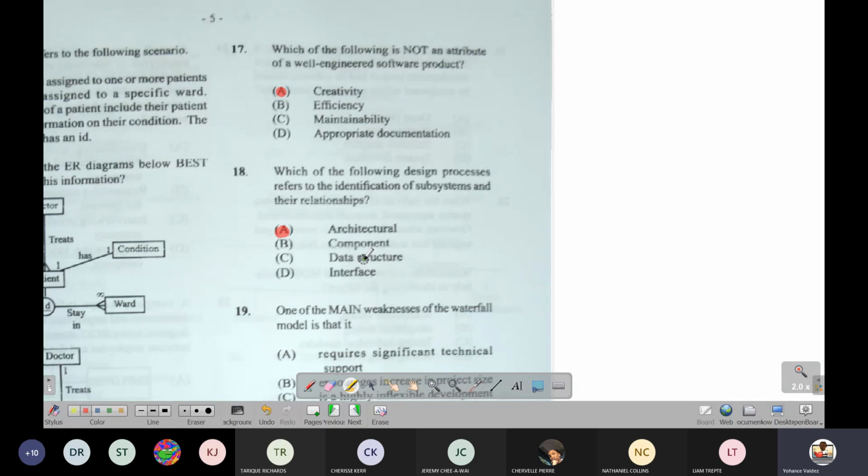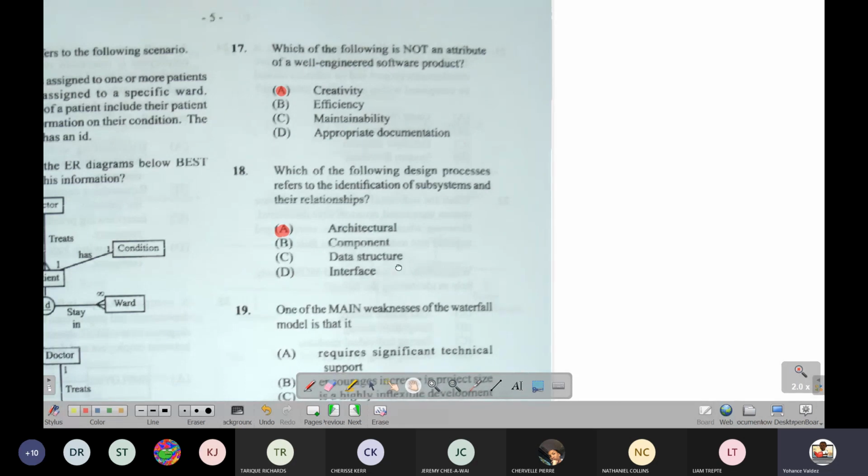So it's like discrete units where you design them. But when you start putting them together, you're looking at the overall architecture of the system. Okay? Data structure is just elements that hold information, and interfaces are where the people interact with the system.